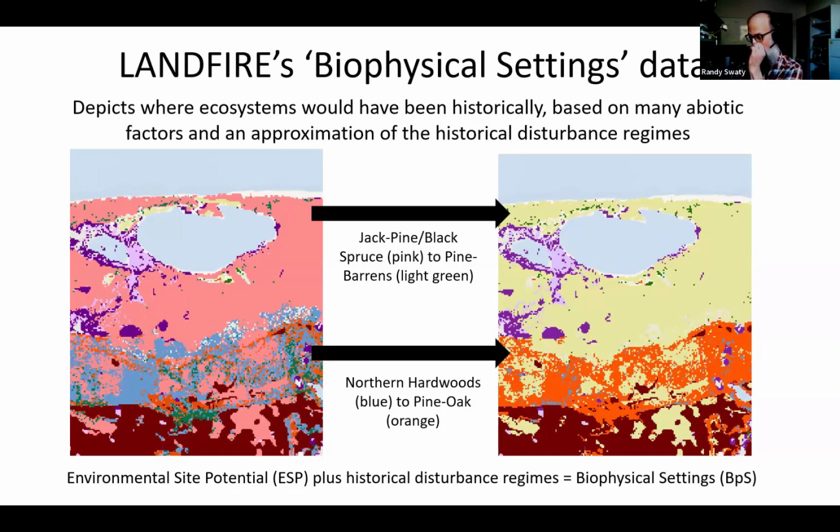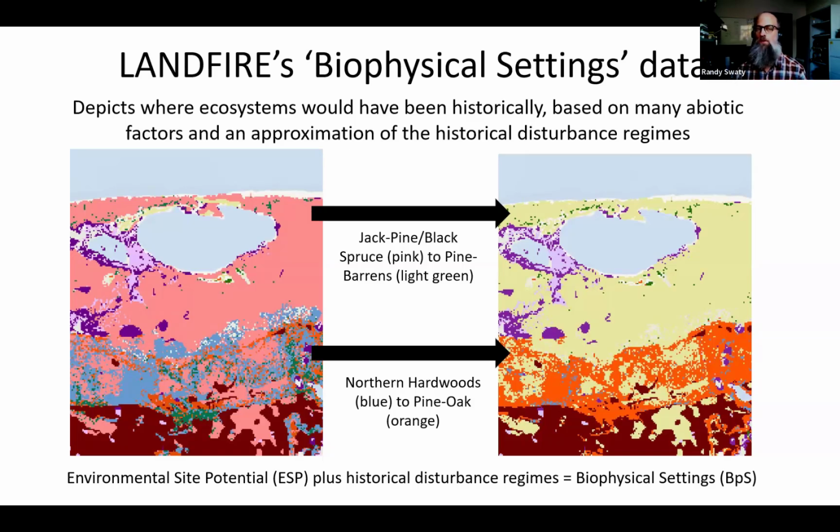Also, you'll notice at the top, there's a change from the pink jack pine black spruce environmental site potential type to the pine barrens light green type. So what happened there specifically is that when we got our legend or list of ecosystems from NatureServe, the jack pine, a super important species in the Upper Peninsula and in the Great Lakes, was represented in only one ecological system, that jack pine black spruce.